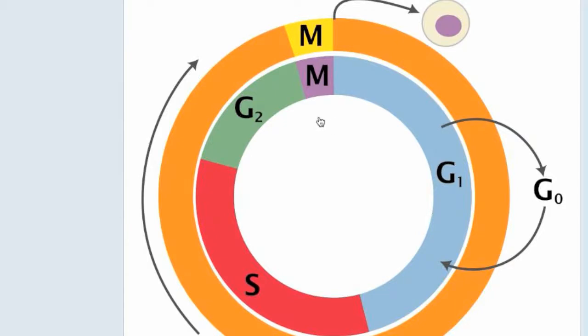In this diagram here, which is showing the cell cycle, this broad orange circle represents interphase, and that small M there represents mitosis, which would be the four stages you saw: prophase, metaphase, anaphase, and telophase. Obviously, this is a more typical cell than the ones we were using.